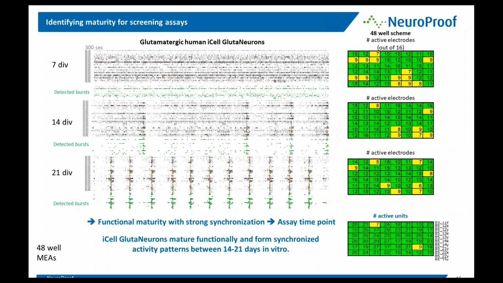But eventually, at 14 to 21 days, they form the synchronicity, which is really needed to assess functional maturity. If the cell network is not communicating with each other, it is not mature enough. So here we use this technology to assess the functional maturity. And from a yield perspective, we have a very high yield of active electrodes over the time of recording within the 3 weeks in vitro.